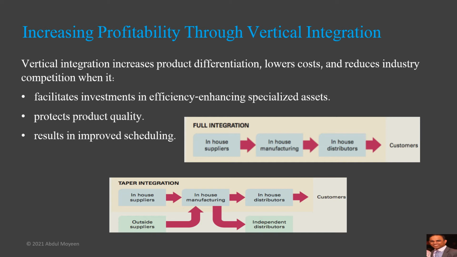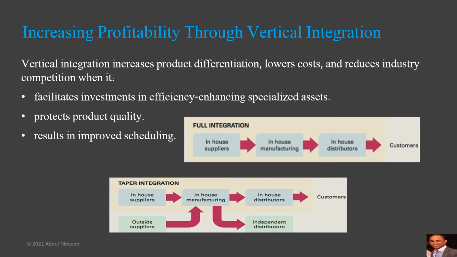At the same time, meeting some of its needs for the input through internal production improves the firm's bargaining power by reducing the likelihood of hold-up by a supplier.